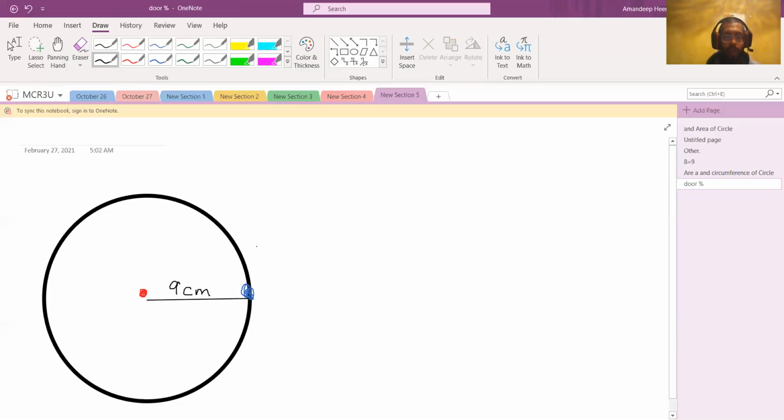That's called the radius. So the radius, r, is 9.